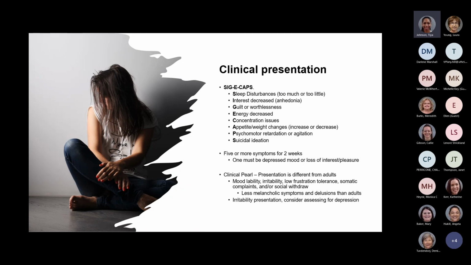The G stands for guilt or worthlessness, so increased guilt or worthlessness. The E stands for energy decreased. The C stands for concentration issues. The A stands for appetite or weight changes, either an increase or decrease in appetite or weight. The P stands for psychomotor retardation or agitation, and the S stands for suicidal ideation.